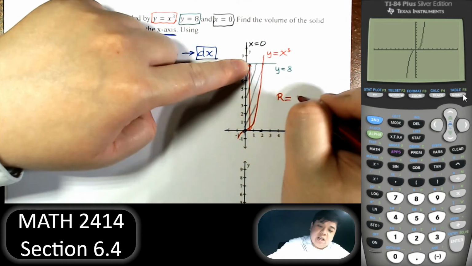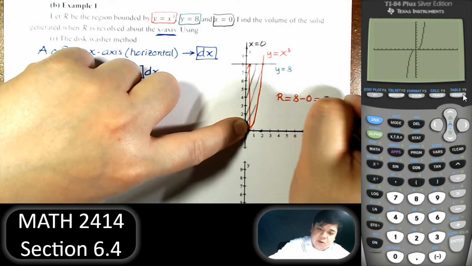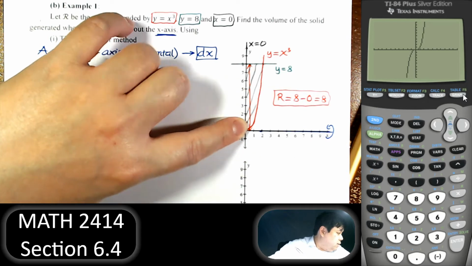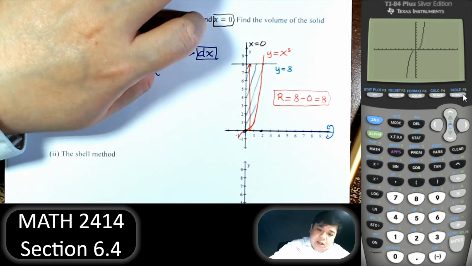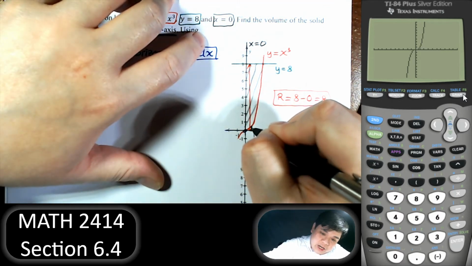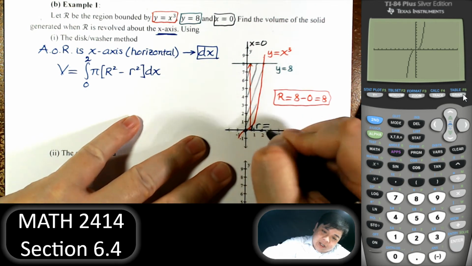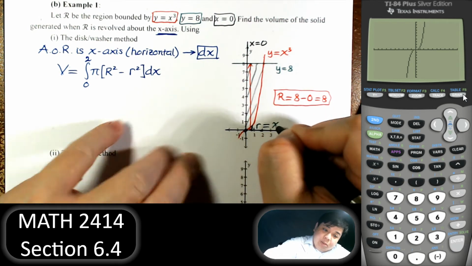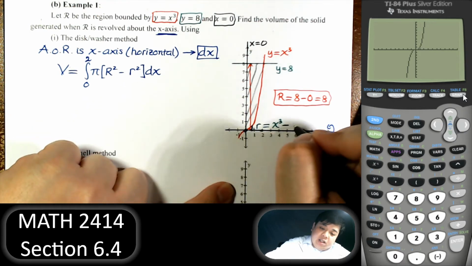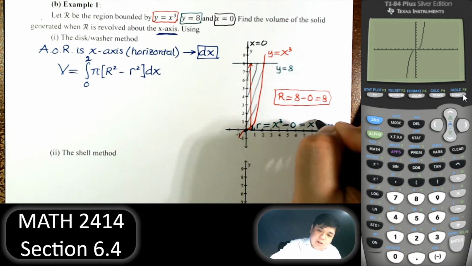The function above is 8, the function below is 0, so big R is 8. And the little radius is from the axis of rotation to the inner edge. The top function is x cubed. Remember, we use x. Subtract 0, which is x cubed.